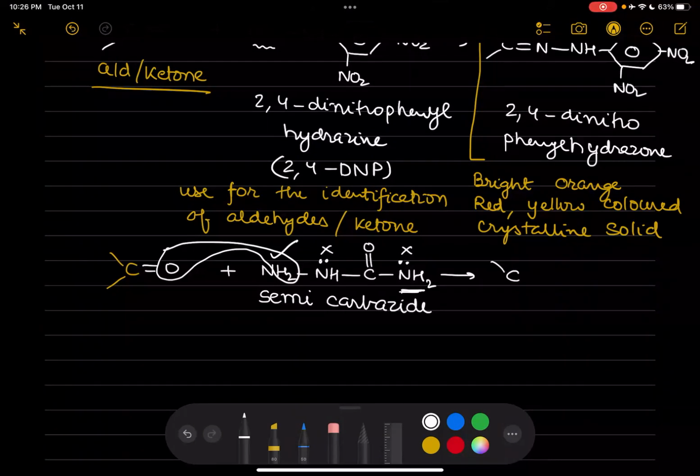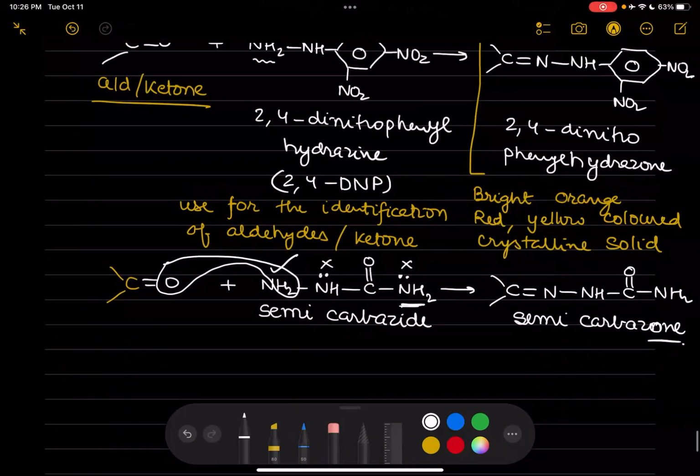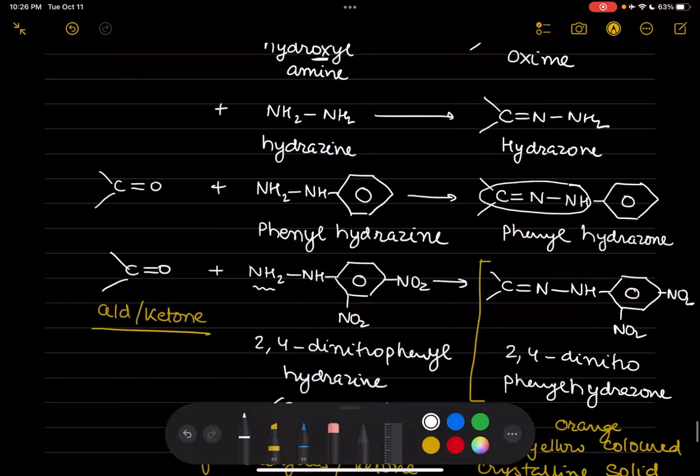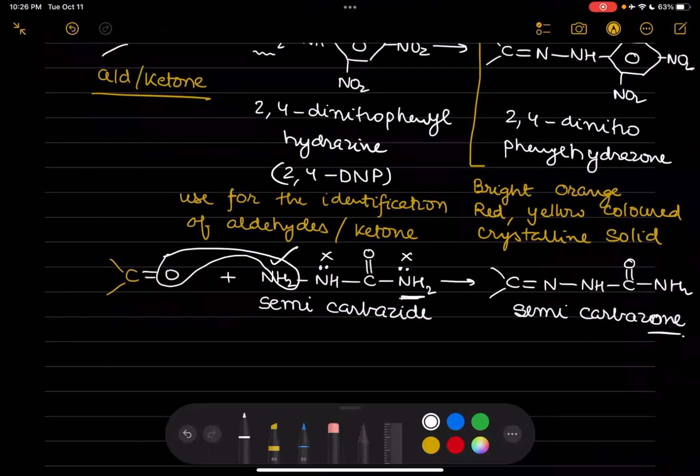You need to take the nitrogen which is farther from CO, not adjacent to CO. So this is semicarbazide, and the product is semicarbazone. That's going to be the answer. These are all bright colored crystalline solids, but the most famous is the 2,4-DNP test. Is it clear?